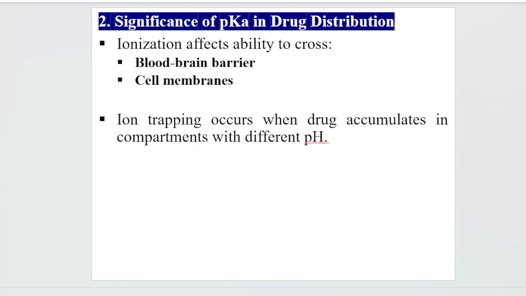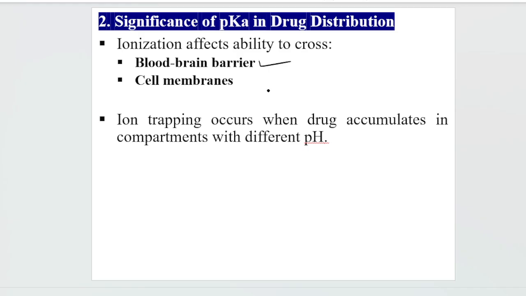So moving to the next slide, that is about the significance of pKa in drug distribution. For distribution, the drug has to go into the cells, into the tissues, into the brain. If the drug has to cross the blood-brain barrier, the barrier between the brain cells and the blood, its concept will come in other lectures, but very simply, the blood-brain barrier is composed of tight junctions between endothelial cells, and then there is wrapping of the astrocytes that forms the blood-brain barrier.